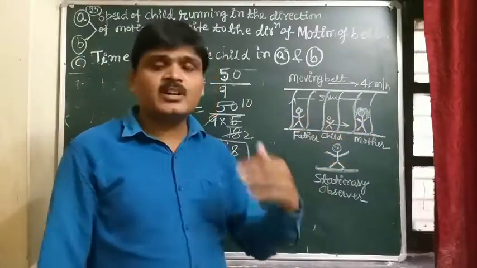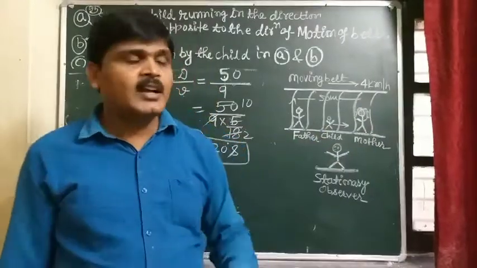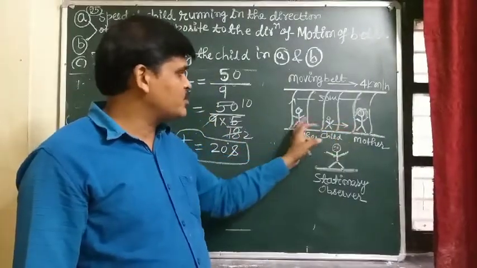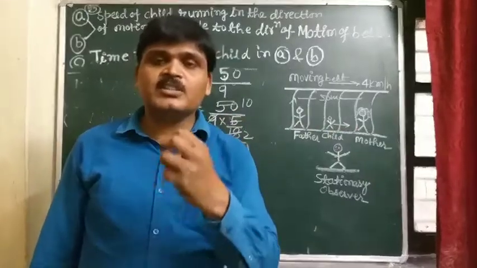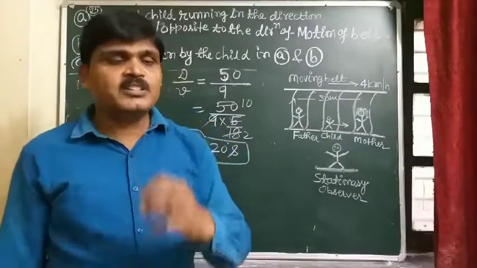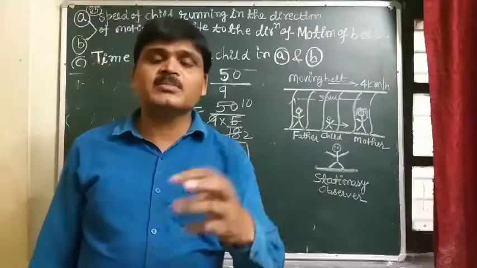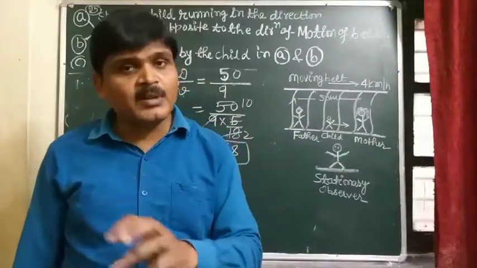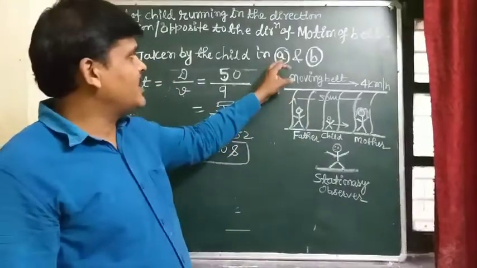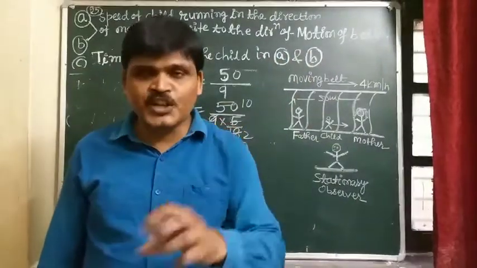But which answer is altered if this motion is viewed by any parent? The parents are located on the same belt, and they observe the motion of the child. The speed of the child, either from father side or from mother side, will remain the same, 9 kilometer per hour. So answers A and B change.